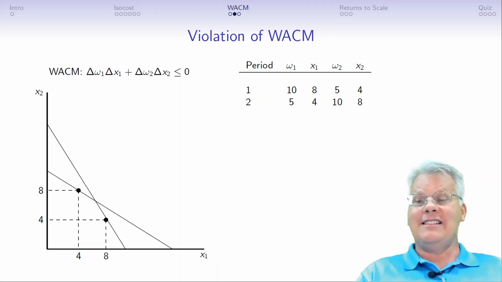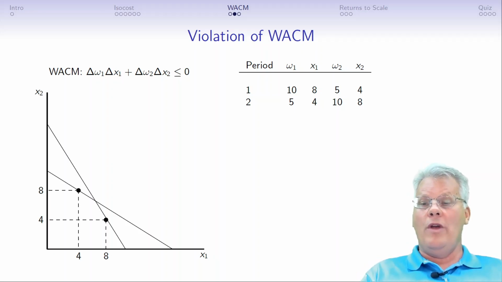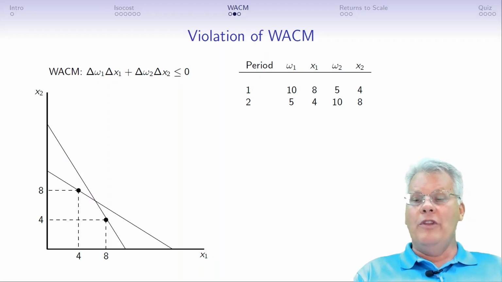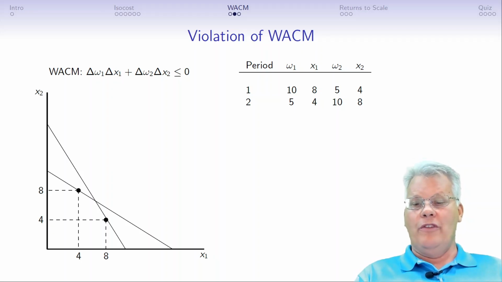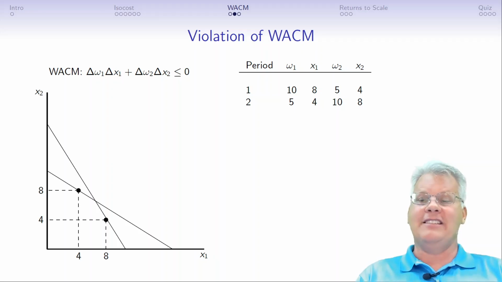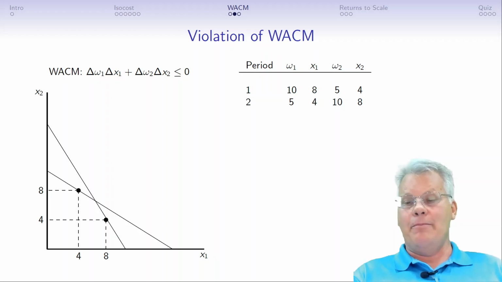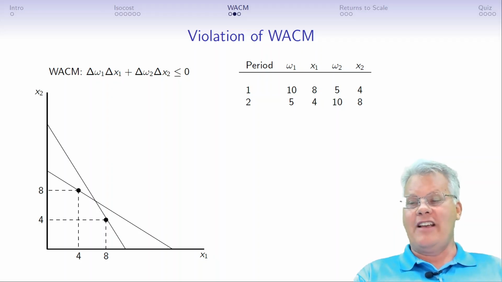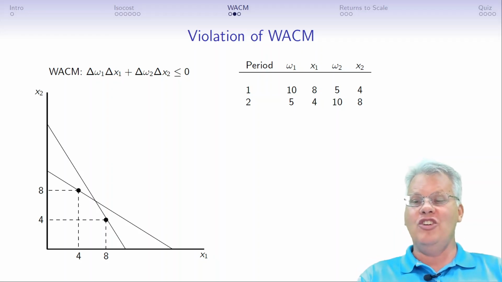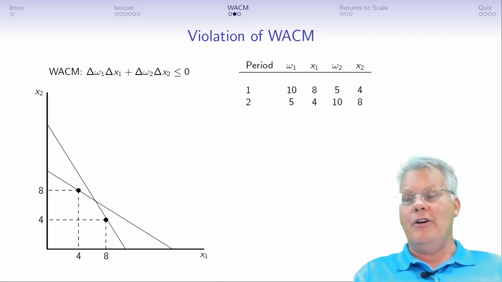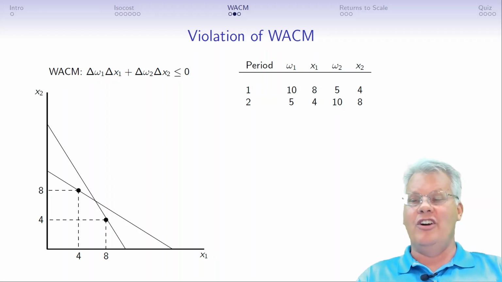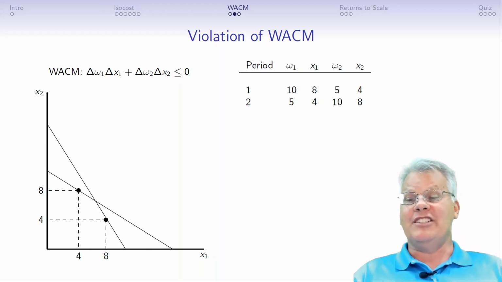So what I can say then is that when the bundle on the left, the firm is using 4 units of x1 and 8 units of x2, and I've placed an isocost line through that point, you'll notice that the second point with 8 units of x1 and 4 units of x2 is actually cheaper because it falls in the interior of the budget set.